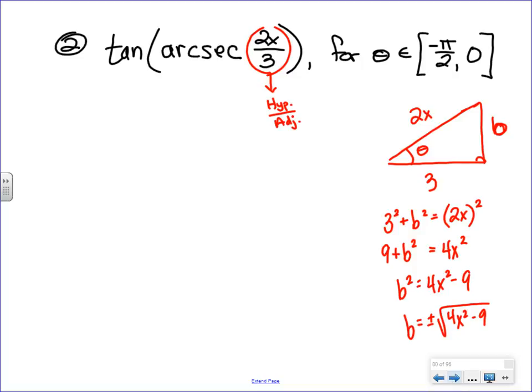Help me out. Can you go any further with the square root? No, because the factors would be 2x plus 3 and 2x minus 3.